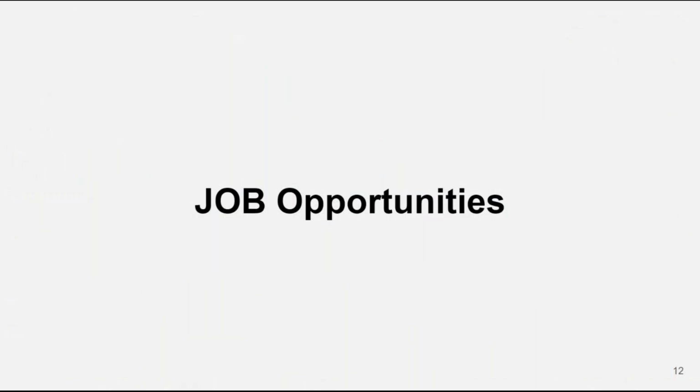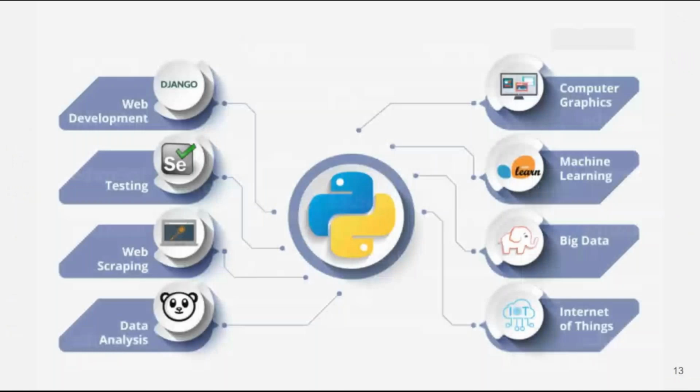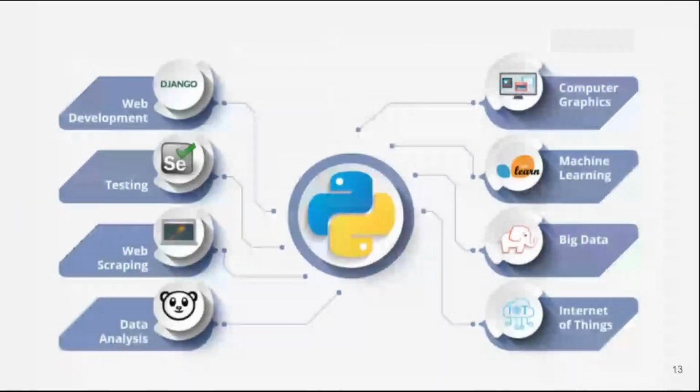So moving on, coming to the job opportunities. Learning Python, you can get into various fields. What are the various job opportunities available in the market? Knowing this is also important. Firstly, if you're really good at Python, you can become a Python developer.